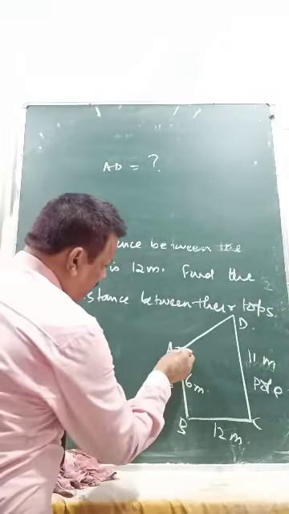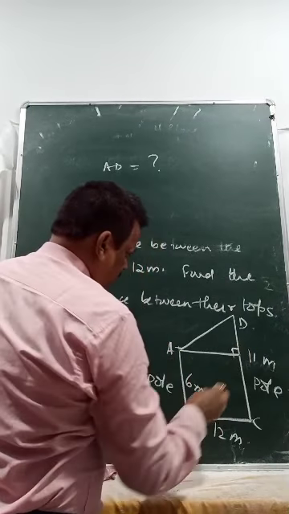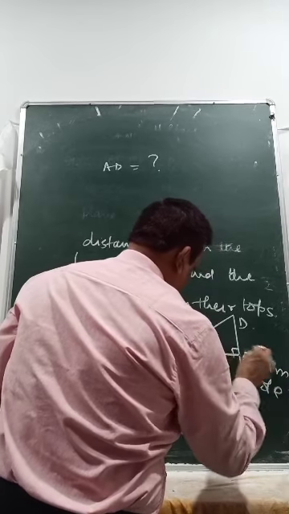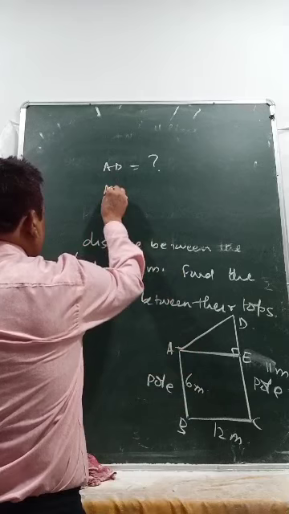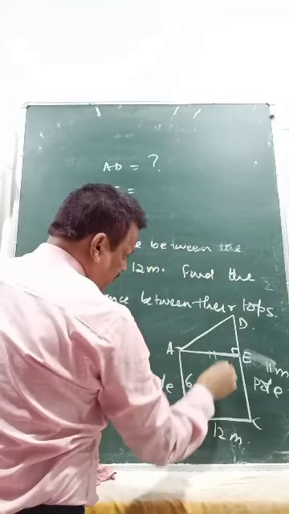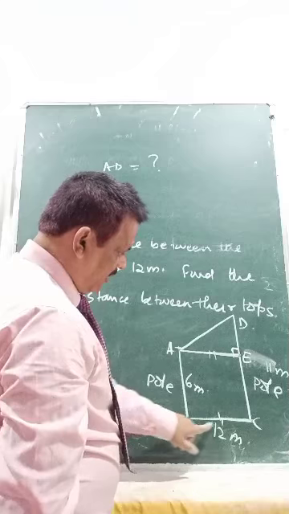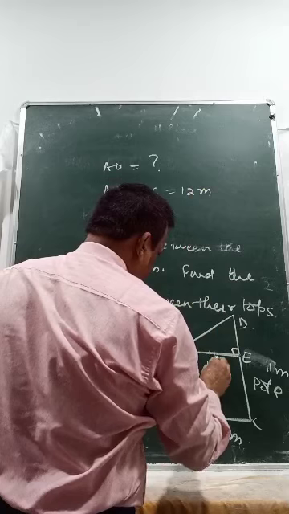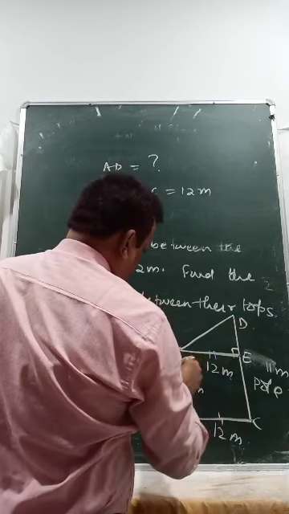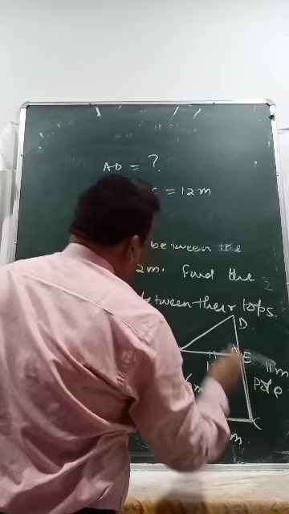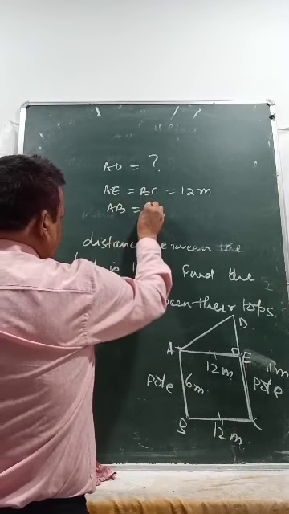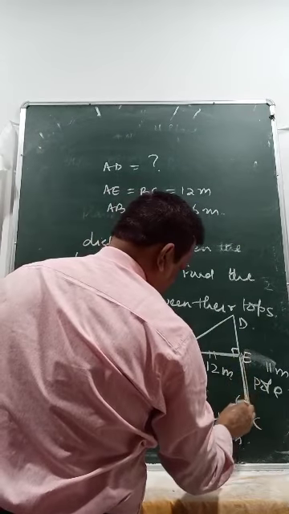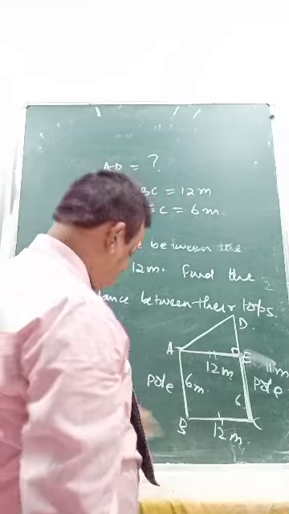What you do is draw a perpendicular here. So this is suppose E. What is AE? These two will be equal, rectangle now. AE will be BC, that is 12. AB equals to EC. That is 6 meter. This becomes 6.